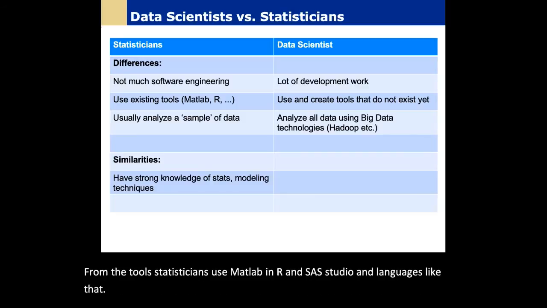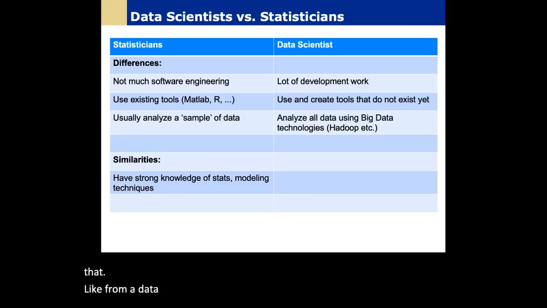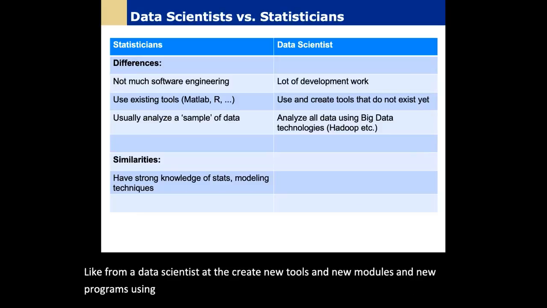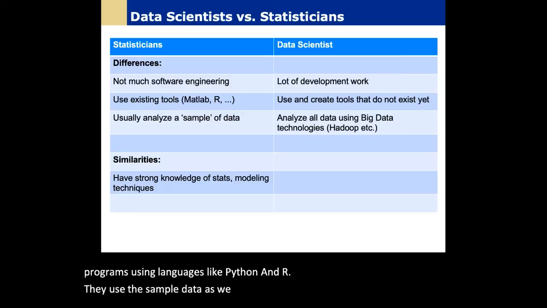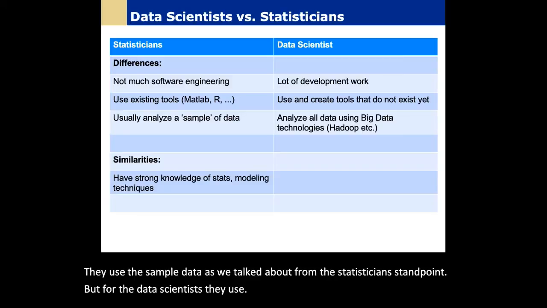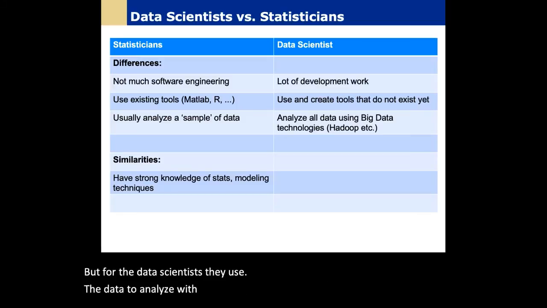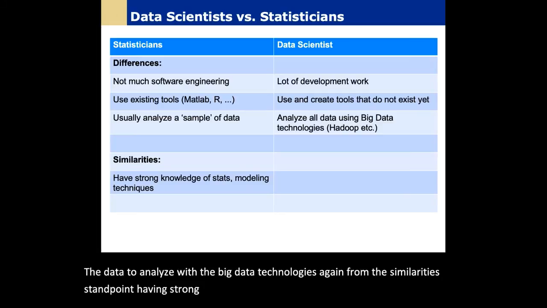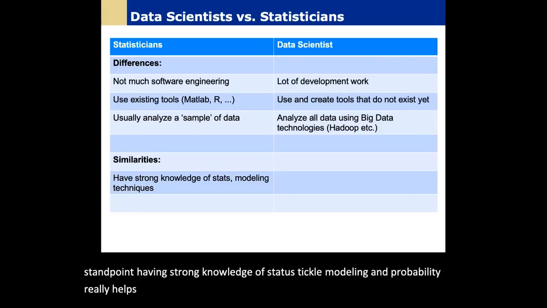But data scientists create new tools, new modules, and new programs using languages like Python and R. Statisticians use sample data as we talked about, but data scientists analyze the data with big data technologies. Again, from the similarities standpoint, having strong knowledge of statistical modeling and probability really helps in both roles.